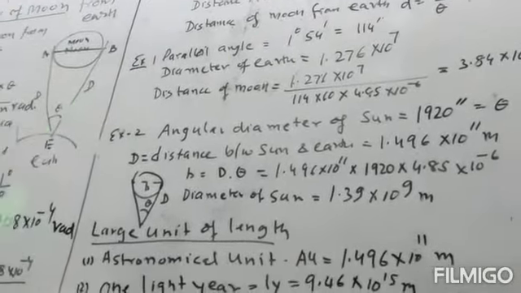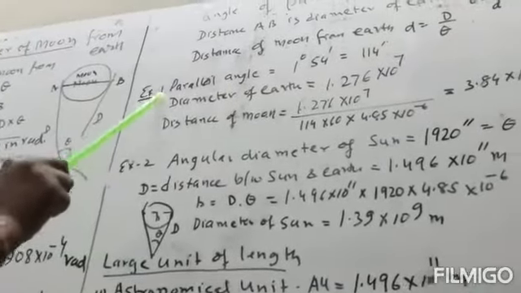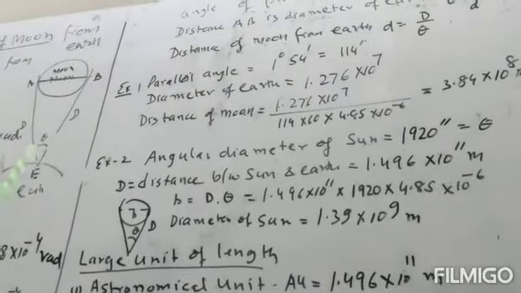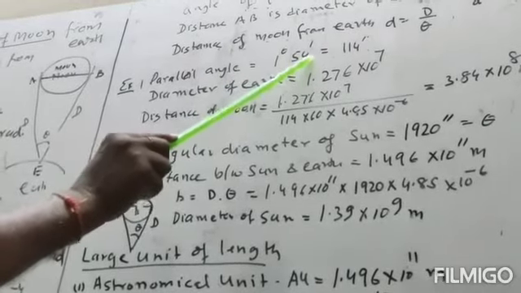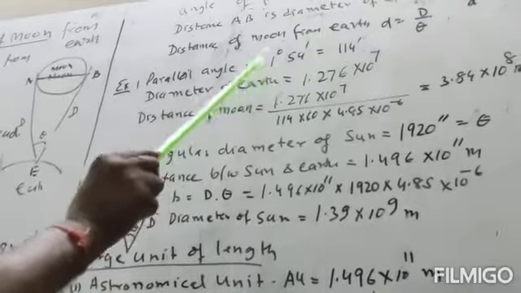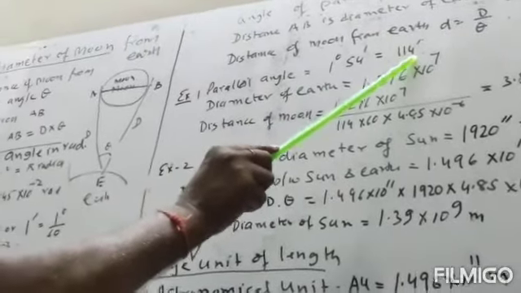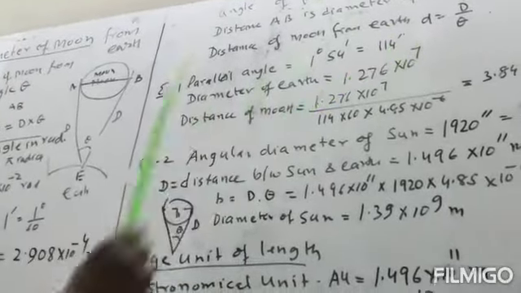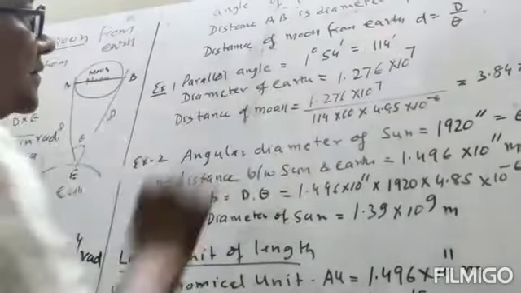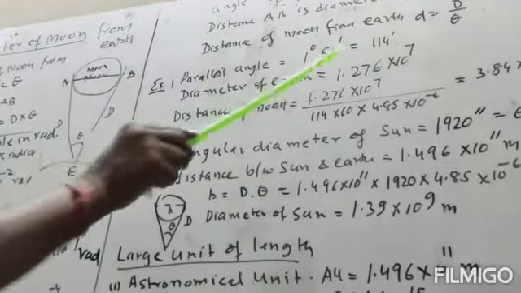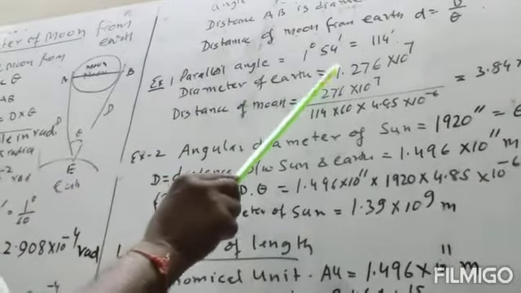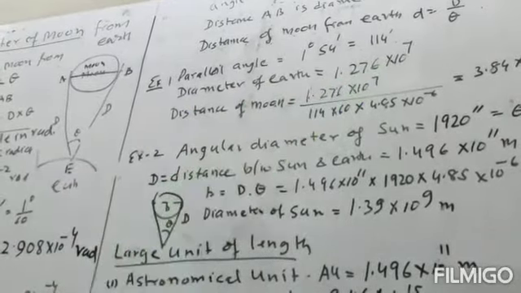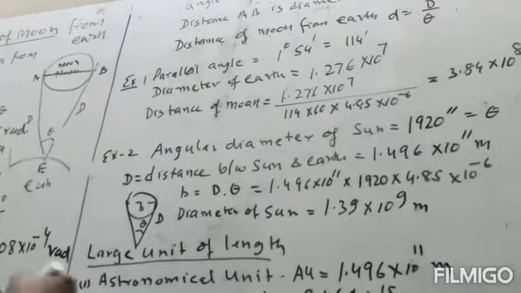Now we take an exercise on the same. If the angle of parallax for the moon is 1 degree 54 minutes, we will convert it and it will be equal to 60 plus 54, that is 114 minutes. Now the diameter of the earth, we know that it is 1.276 into 10 raised to 7 meter.